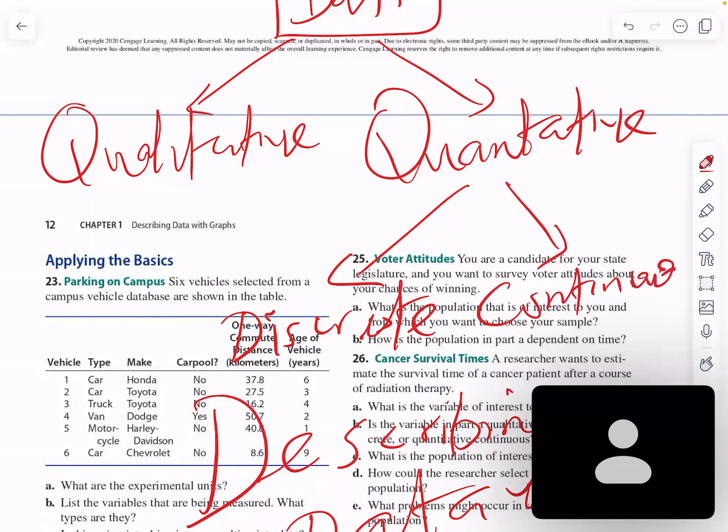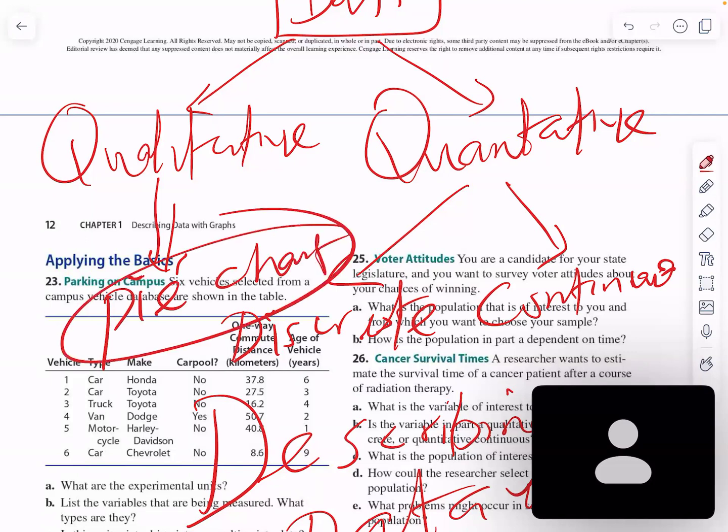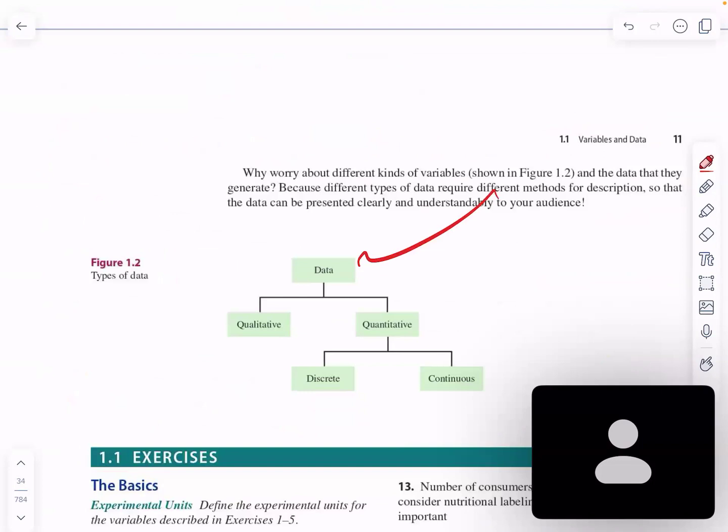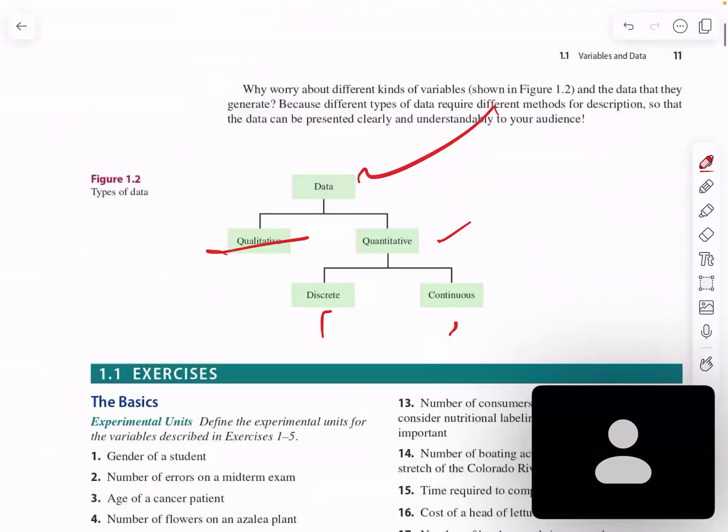Okay. And now in terms of qualitative, we've used pie charts to describe qualitative. We've used a bar chart, and we've seen how those work. So, data: qualitative, quantitative, discrete and continuous.